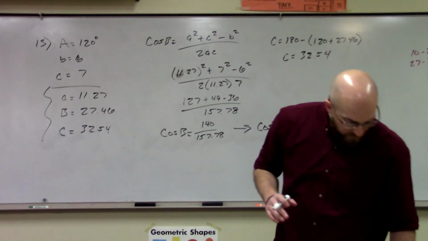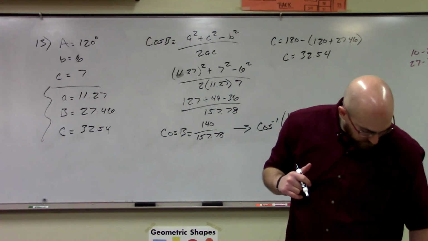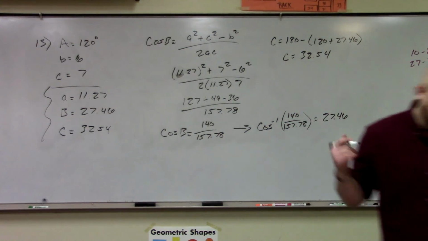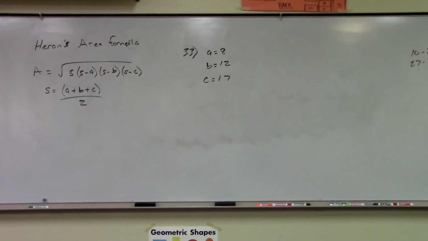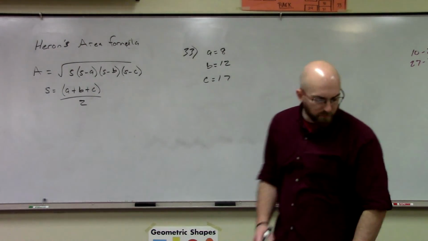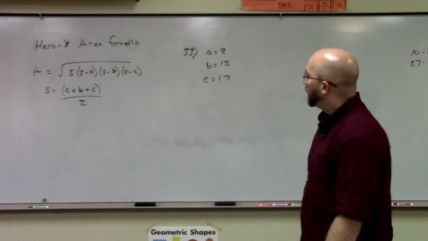Actually, sorry, I was going to show Heron's formula. So let me give it a break. All right. Sorry about that. So here's Heron's formula, which if you're following from the book, it's page 440 if you have the same book we do.